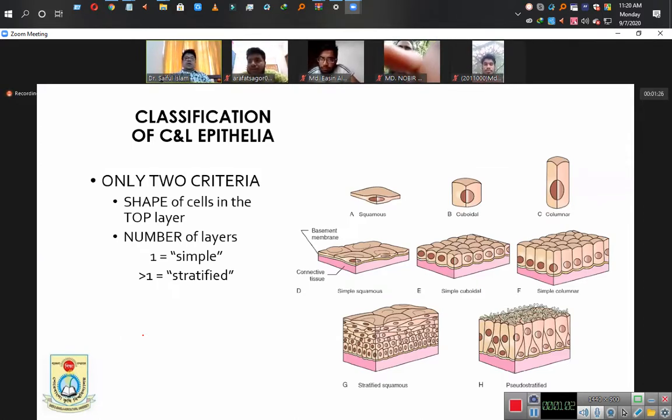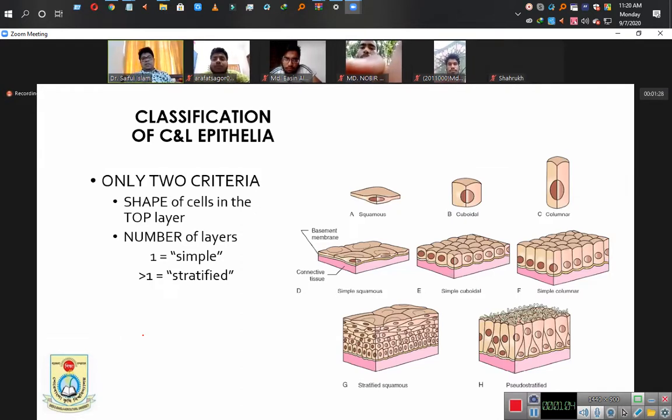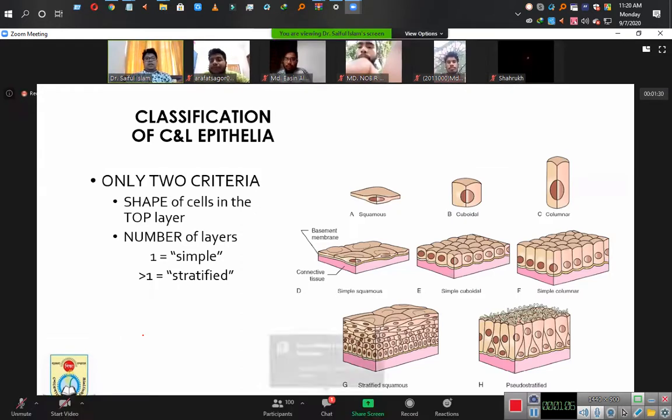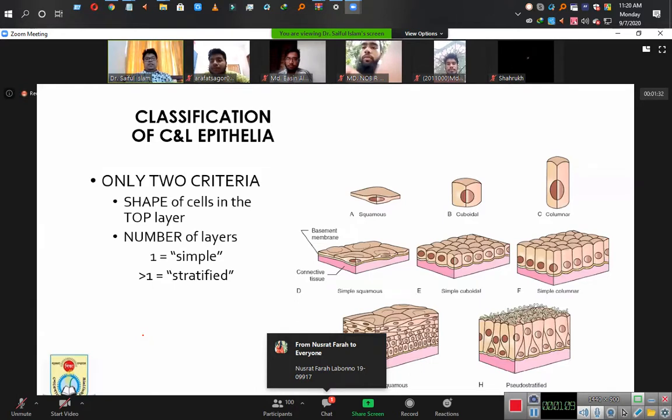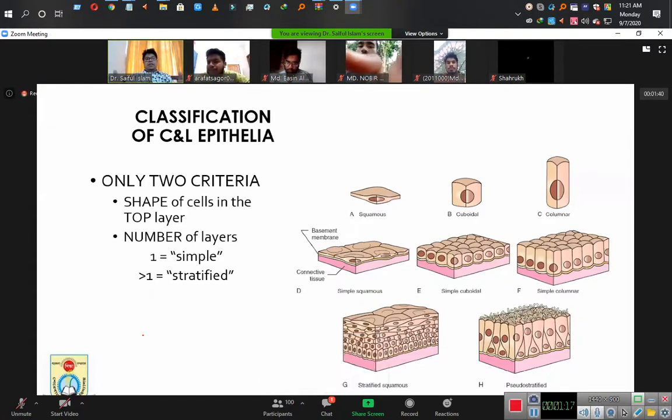Okay. So the nucleus is generally located at the center of the cell, but don't think it's fixed. In different cases you will find the location of the nucleus is not at the center.